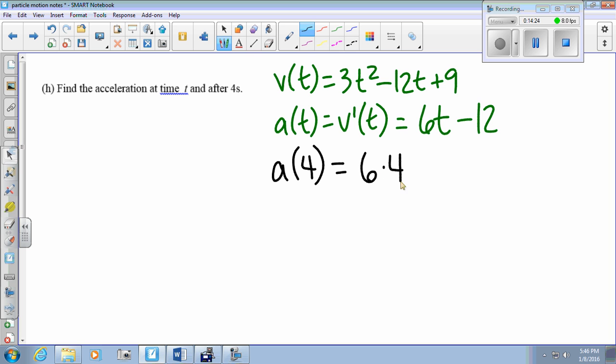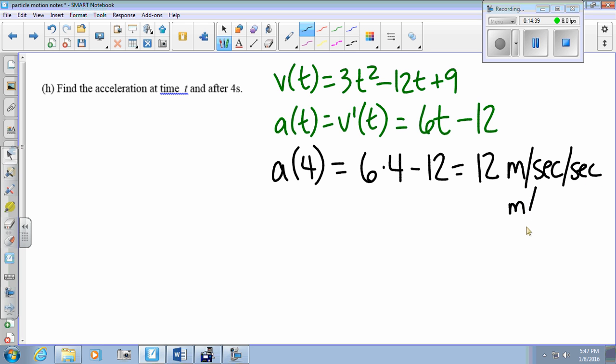So 6 times 4 minus 12 would give you 12 for an answer, and the units on this will be meters per second squared, because acceleration is the rate of change of velocity with respect to time, and the rate of change of the velocity was meters per second, and then the time is still seconds. So acceleration is meters per second squared.